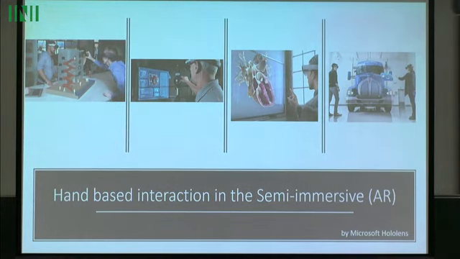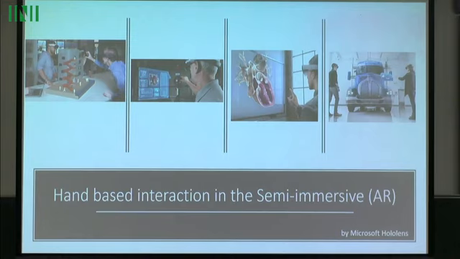The other is the semi-immersive, which we call augmented reality, mostly represented by Microsoft HoloLens. This is quite different from the previous slide, because what your hands are doing here is not only interacting with the virtual thing, but you are controlling the virtual thing to interact with the real object.